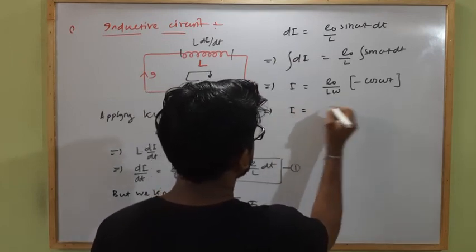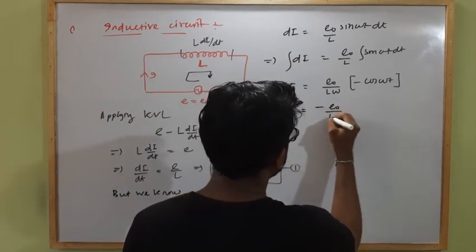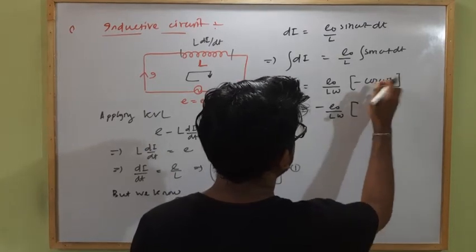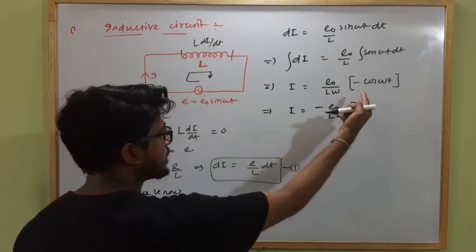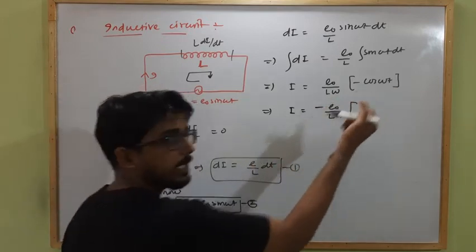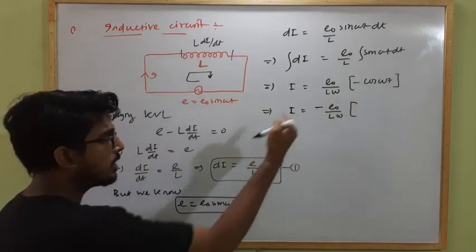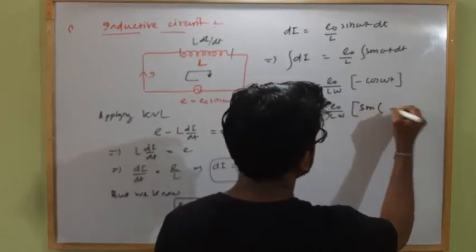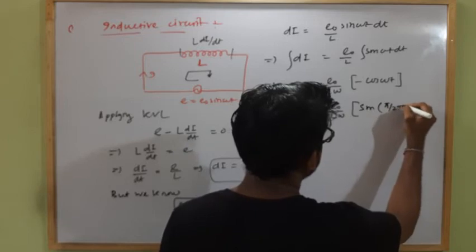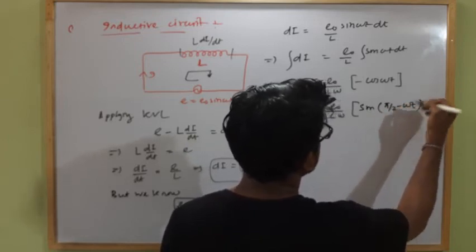So this implies I can be written as minus E naught by L omega into cos omega t. To compare these two phases, we have to write cos omega t in terms of sin omega t. Here is a negative sign, so I can write it as sin of pi by 2 minus omega t.